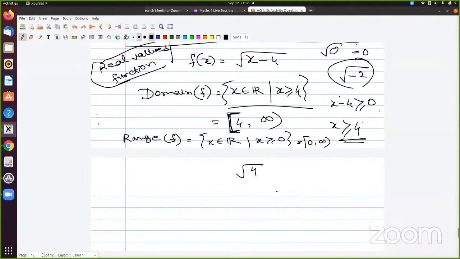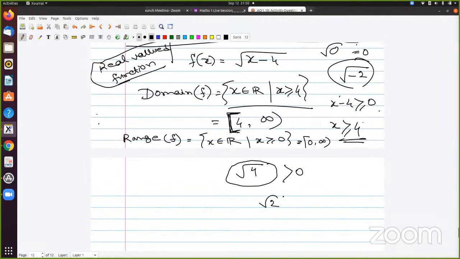So this has something like plus or minus 2? No, that is what I am saying. This is a symbol which represents a positive number, which is 2. If I give you root 2, is it positive or negative? It is positive. Then why would root 4 be negative?